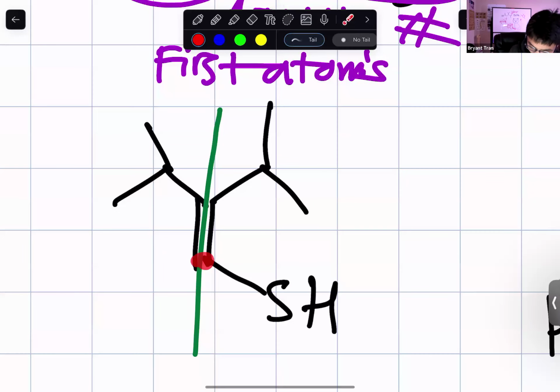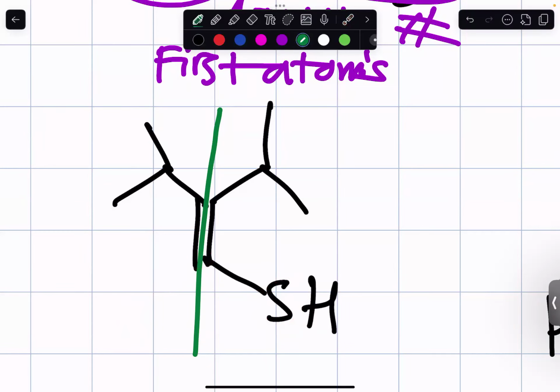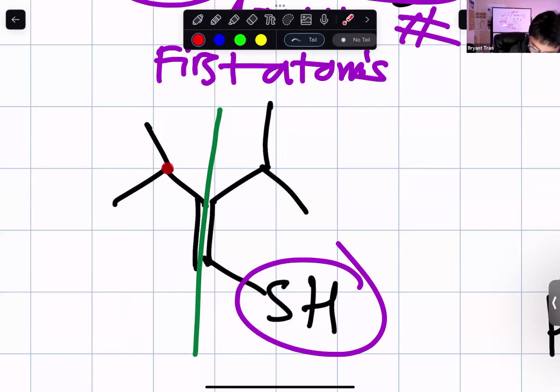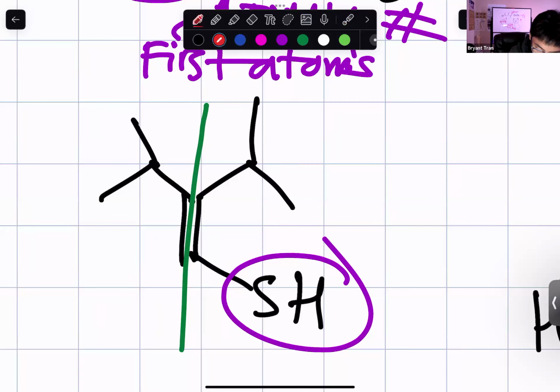Well, first let's focus on this carbon here. If we focus on this sulfur versus this hydrogen, which one would you say is higher priority? The sulfur. Yes. So this group at the bottom carbon is the higher priority group, but this carbon here has the same atomic number. If there's a tie, then you look at what is attached to this carbon, ignoring the bond previously. So this carbon here at the right is attached to 2 carbons and 1 hydrogen, right?